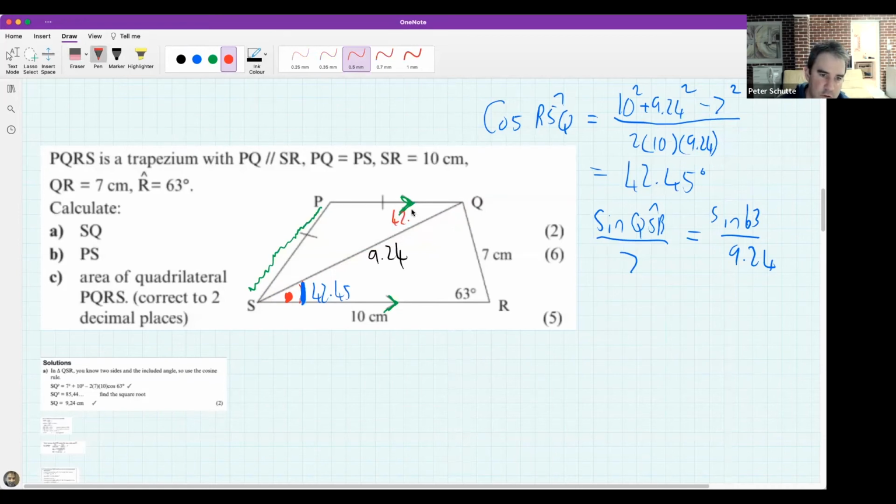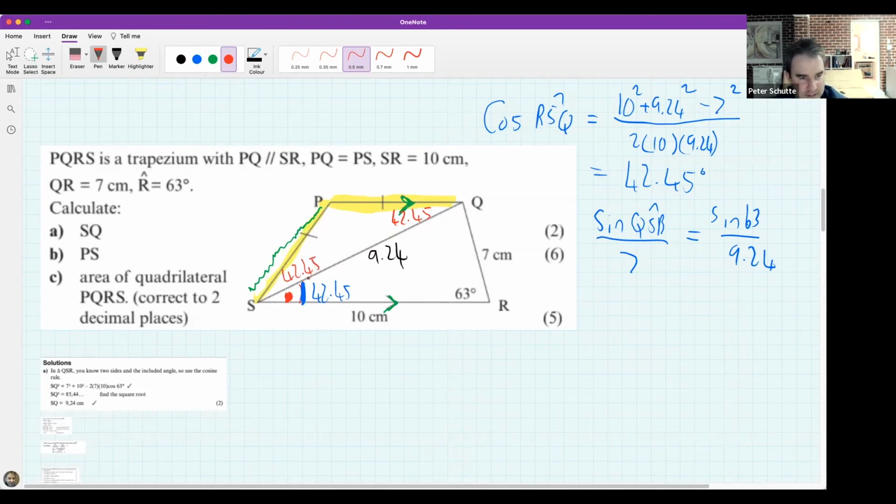which means this is 42.45, and which means that this one over here is 42.45. Now, using the fact that we haven't spoken about these two up here, what are these two telling us about? This means it's an isosceles triangle, which means that the base angles will be equal.